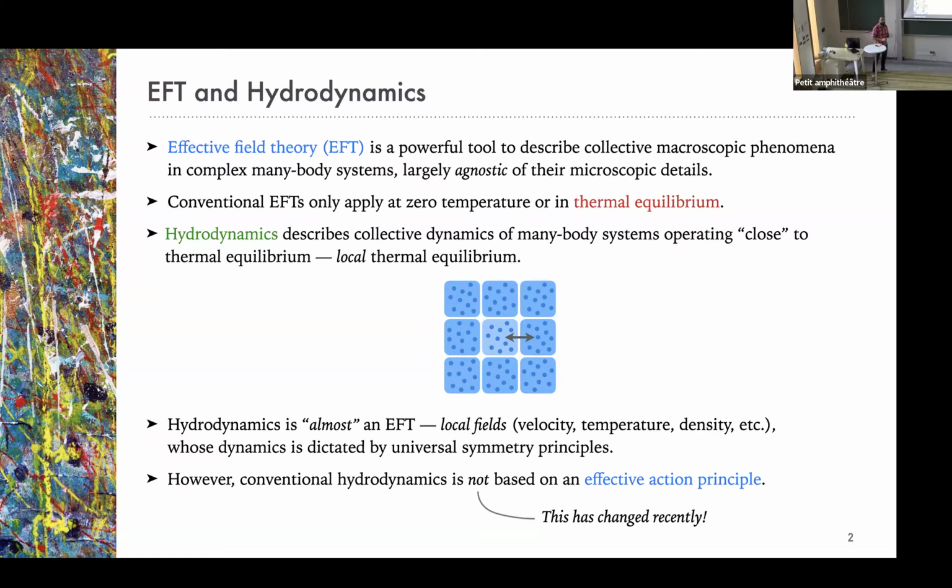Now, as they stand, the normal effective field theory that comes to mind, like writing down an action, doing a variational principle, doing maybe loop diagrams, the vanilla framework only really applies in one of two cases. It either applies at zero temperature. This will be your QCD, QED, even the standard model. These are field theories where you're talking about correlation functions around the vacuum state. Or they apply in thermal equilibrium, so doing equilibrium properties, but at finite temperature.